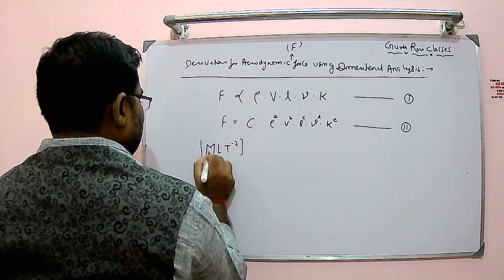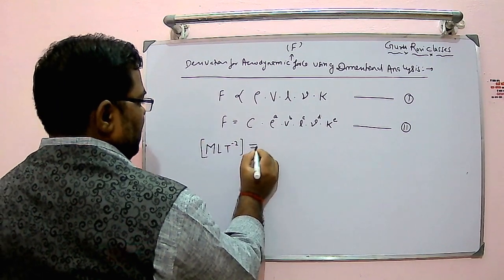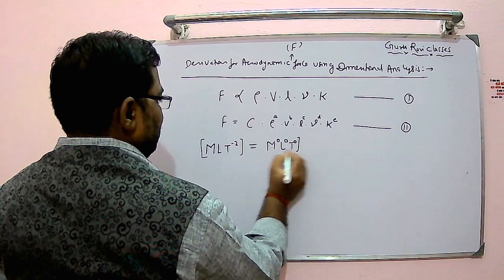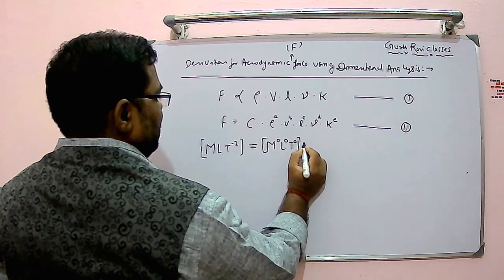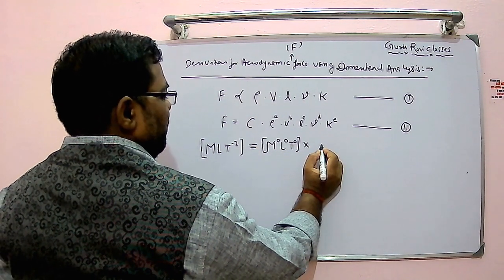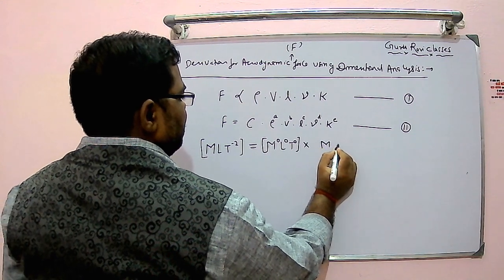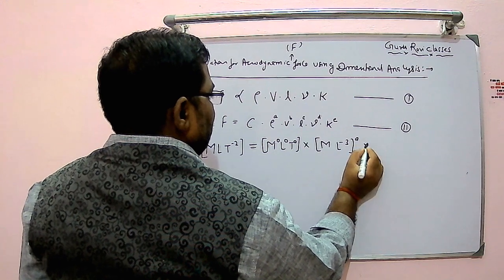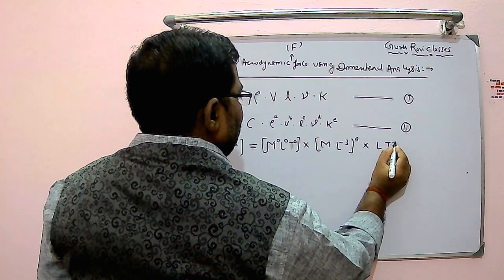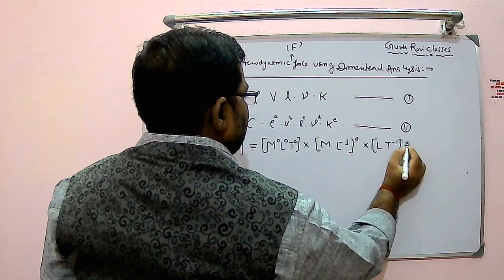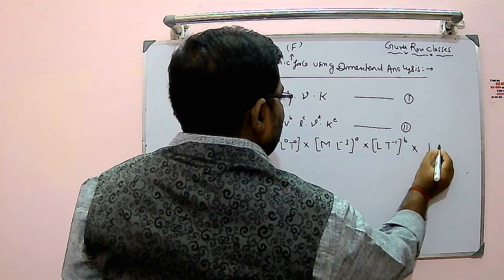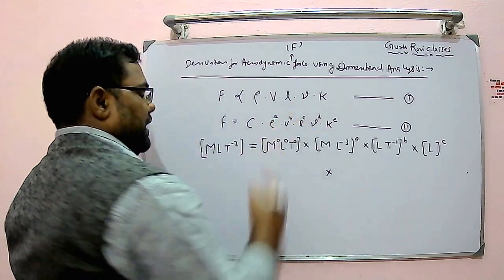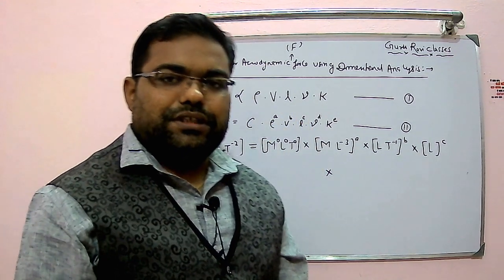This is for force on this side, and this constant is M0 L0 T0. The constant is multiplied by density, kilogram per meter cube, M L to the power minus 3, this is to the power a. Velocity, meter per second, L T to the power minus 1, to the power b, into length L to the power c, into kinematic viscosity, meter square per second or centimeter square per second.